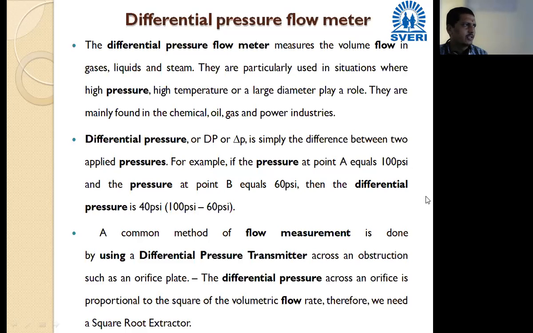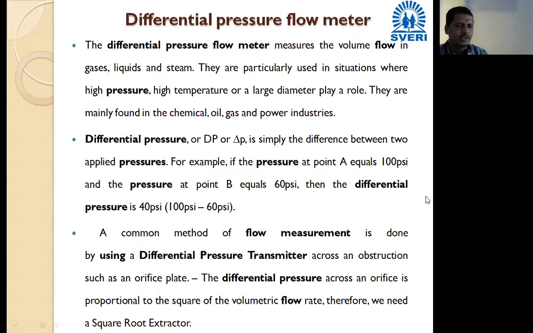Obstruction means अडथळे, such as an orifice plate. Full stop and last sentence.